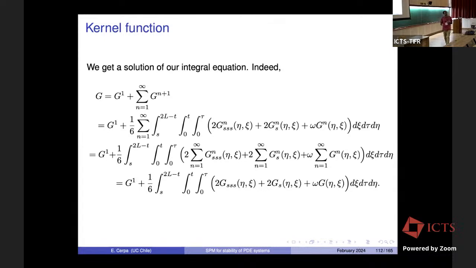Using that the series is convergent, you can exchange the integral with the series and recover inside the integral again this function named G. So G is equal to this thing, and G_1 was the term outside the integral, which does not depend on G. This is exactly the formula that we wanted to get.